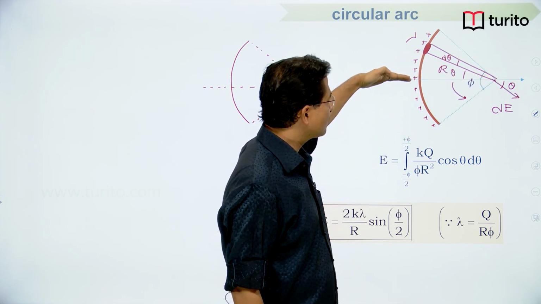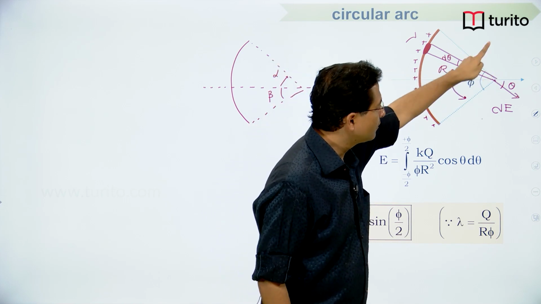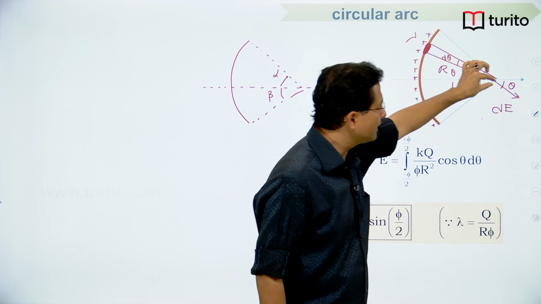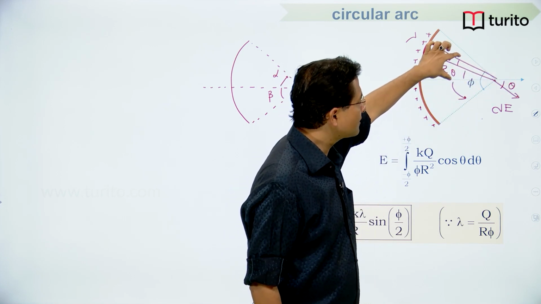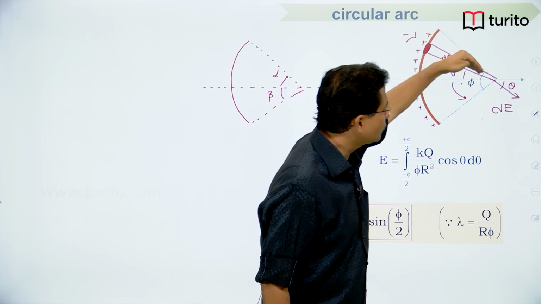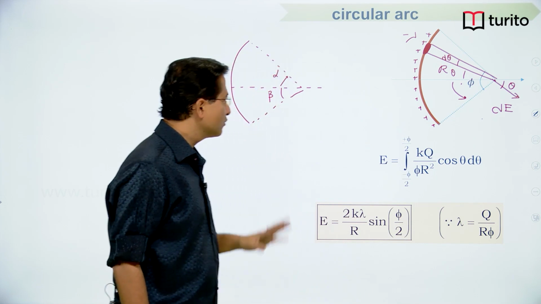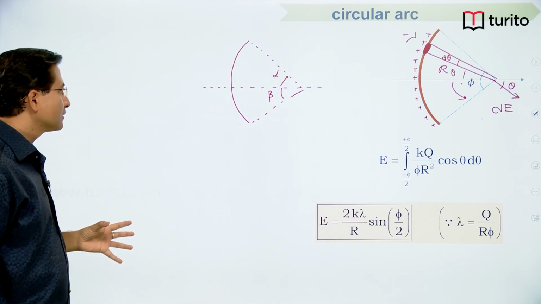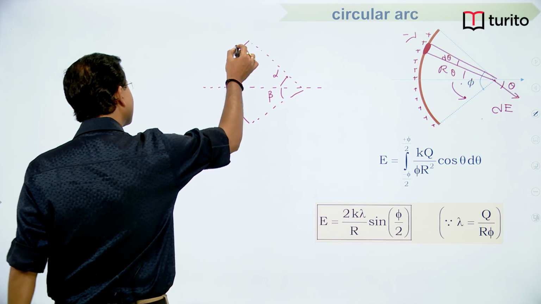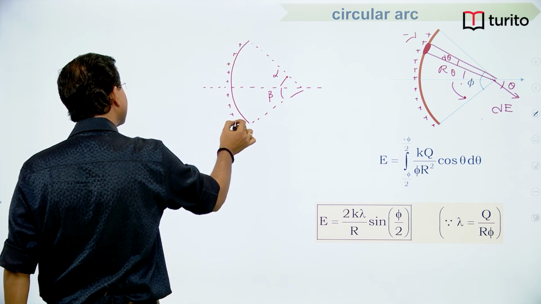In the previous case, as it was symmetric about this axis, we were not getting any y component, they were getting cancelled out, we were getting only the x component. But if this side part is larger as compared to this side part, obviously this side part will produce more field in this direction and it will have a y component also, right. So if both the angles are not the same, then obviously you are going to get both the components.